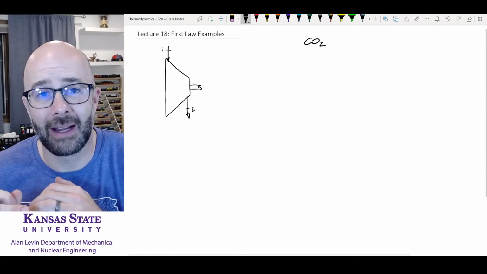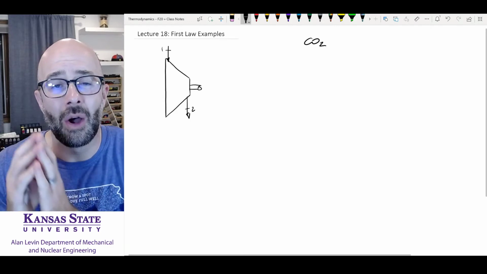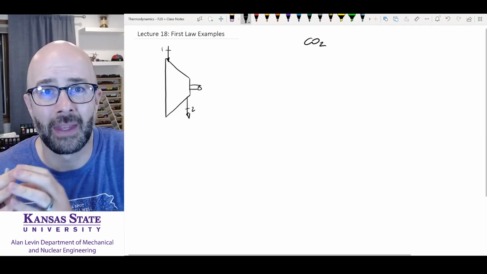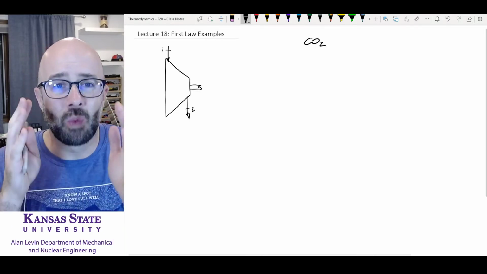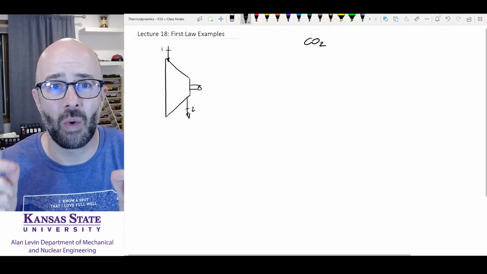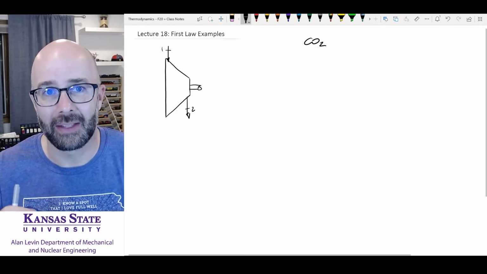Water, steam is not an ideal gas. Now, there is a little bit of confusion here because you will see water vapor in the ideal gas tables, and that confuses students. So let me just tell you this right now. When your system is 100% gas, 100% water vapor, that water vapor does not act as an ideal gas.